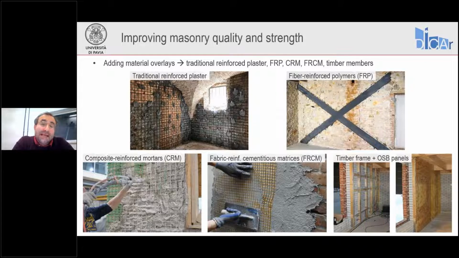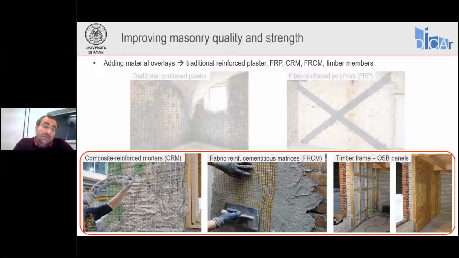Now, these techniques have evolved in the 3 that we see at the bottom, and they are the use of composite meshes instead of steel meshes for the reinforced plaster, and this technique is called composite reinforced mortars. We have also fabric reinforced cementitious matrices, or FRCM.